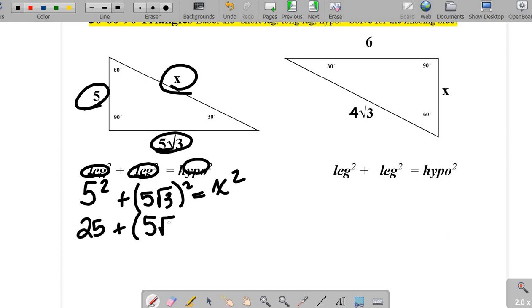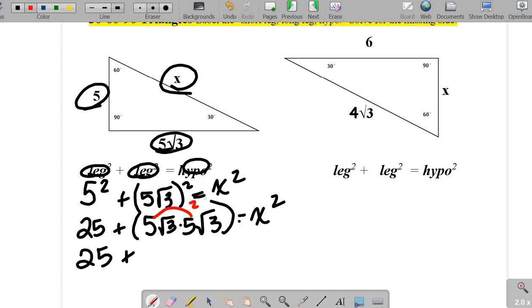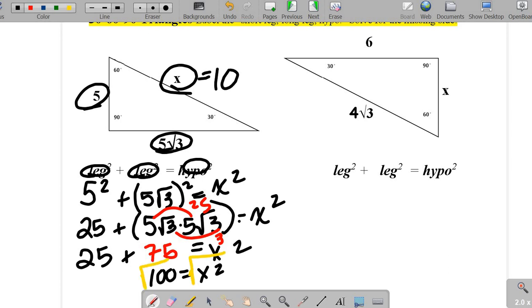Exponents expand. 5 times 5 is 25. Root 3 times root 3 is 3. So that makes that 75. Square root of 100, of course, is 10.